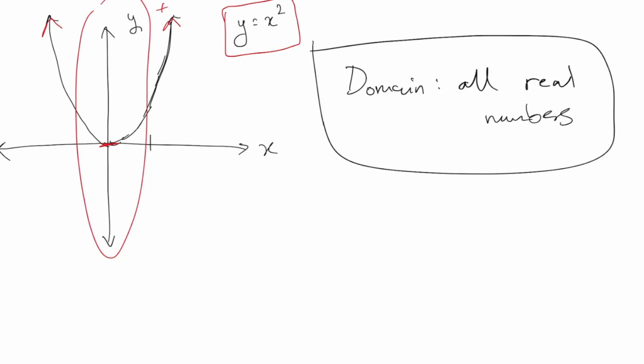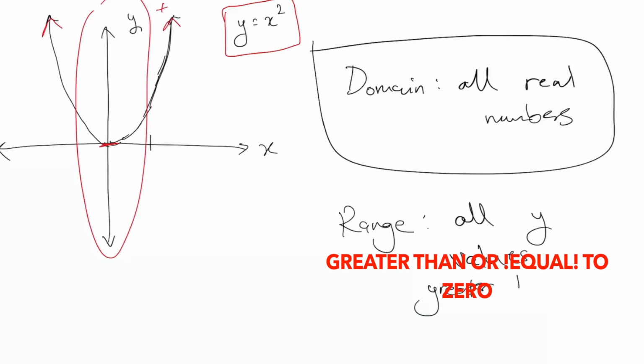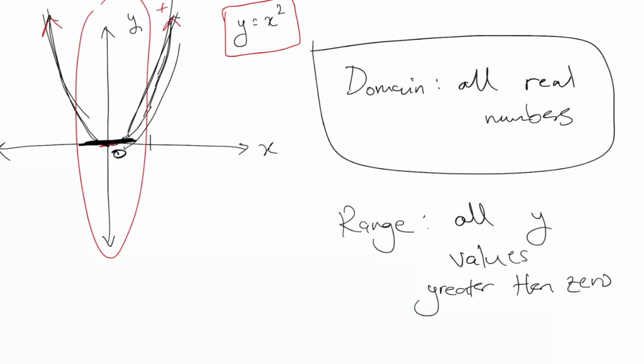So we could say that the range is, now this is a very informal way to write this, all y values greater than 0. Why? Because we see that starting from this y value over here, which is just 0, and greater than that, the function continues and exists.